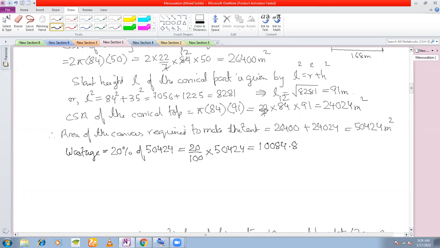Okay, how will you calculate this? You can cancel this and then you can multiply and divide it by 10, right? You get 10,084.8 meter square. This much fabric is wasted in folding and stitching.